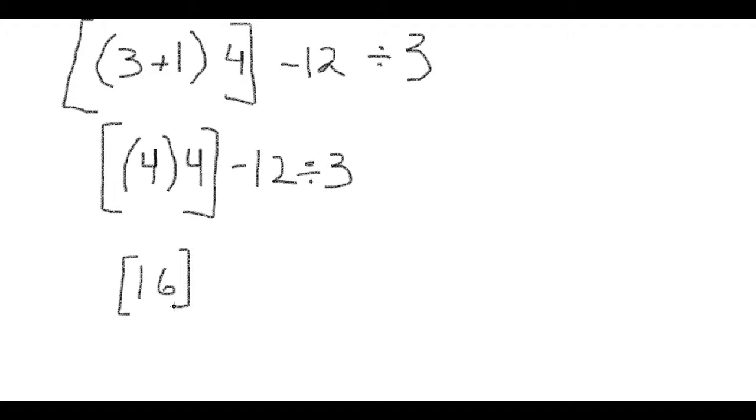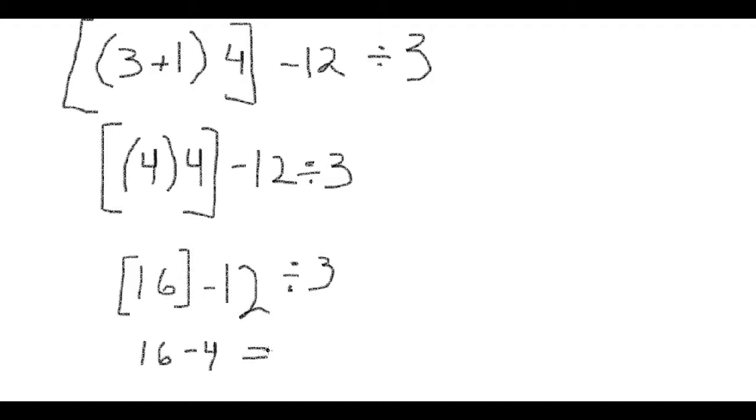3. Now once again we have to take care of what's in the brackets, which is all this again. So we know 4 times 4 is 16. Now we're just left with brackets, which function the same way as a parentheses. Minus 12 divided by 3.